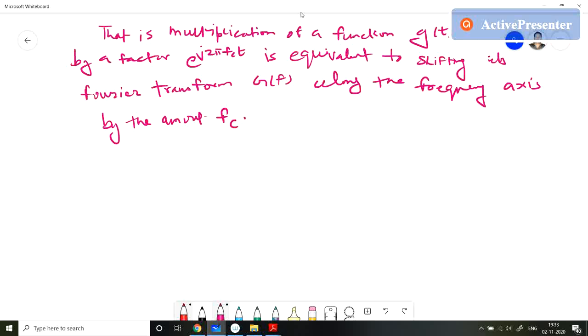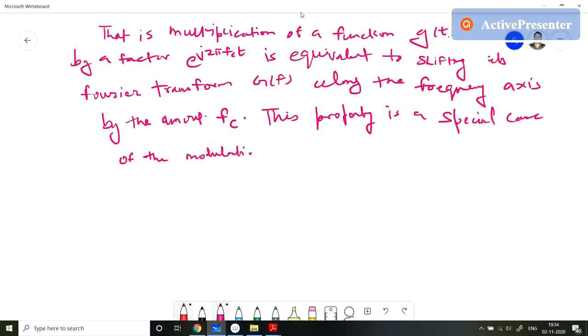This property is a special case of the modulation theorem.